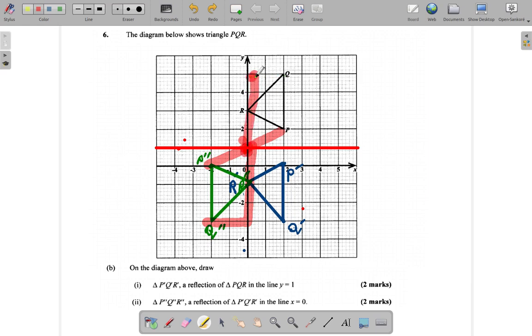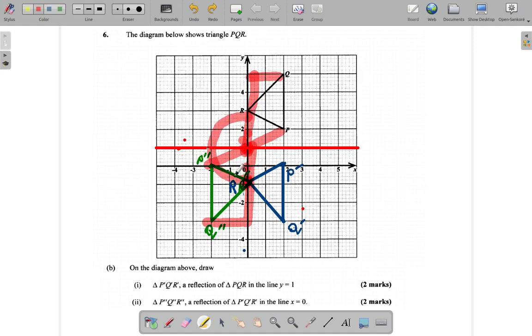So you could do this as well. If you consider this P and this P, this R, I mean, R is here, and you could go 1 2 up.